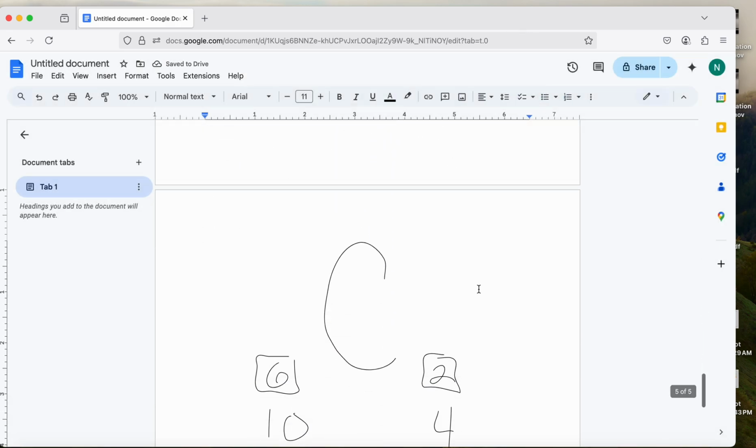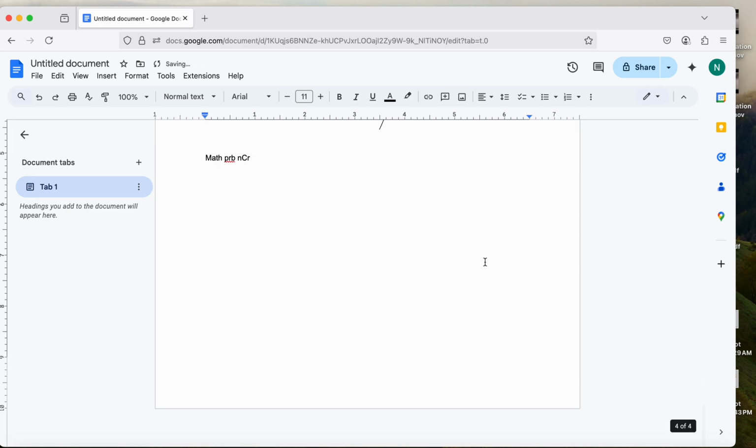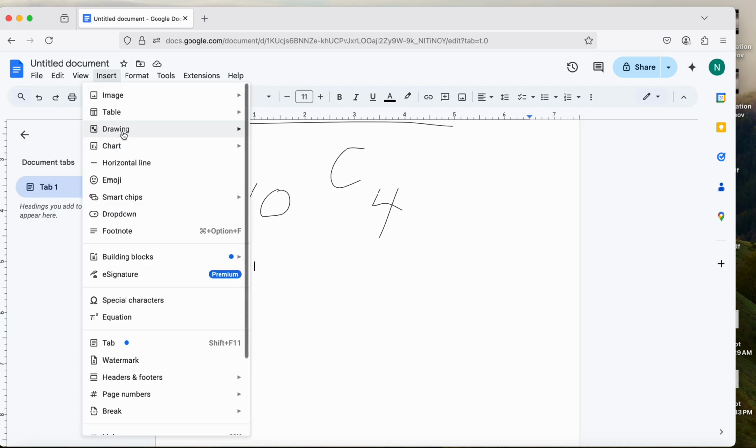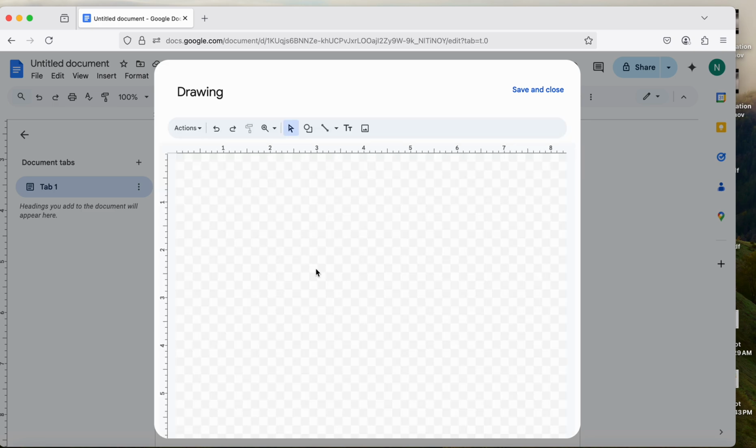But that doesn't always appear that way. Sometimes, if you have an older calculator, all you'll see is this visual. Forgive me. When you see this visual, you get a square, then an N, then a C, then an R, and then another square.